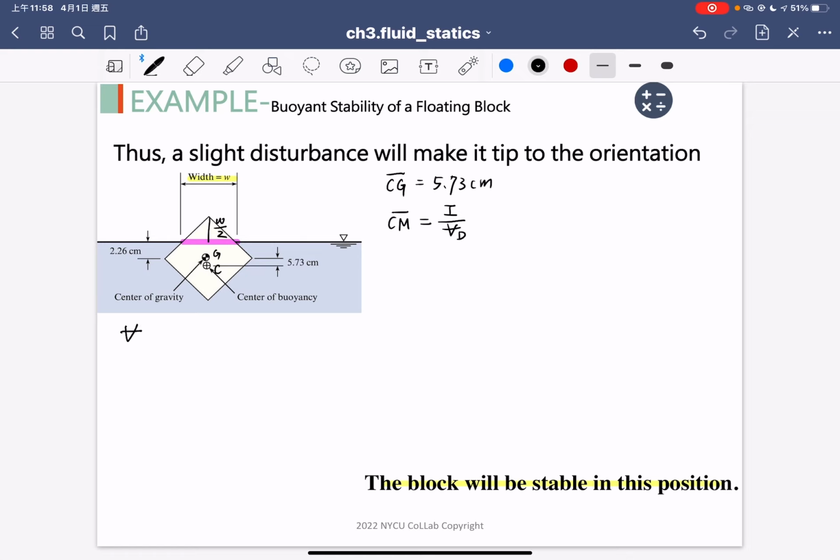The buoyant force, gamma W VD, will also equal the weight again, right? So we don't need to recalculate the VD.